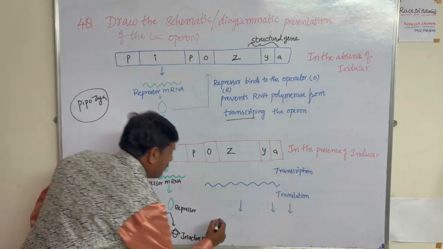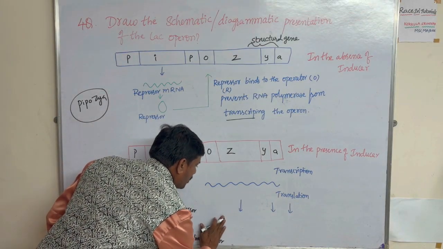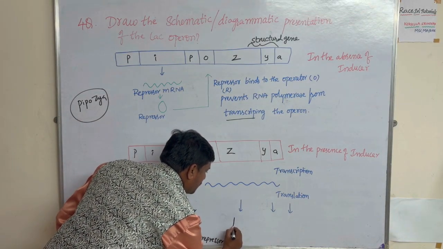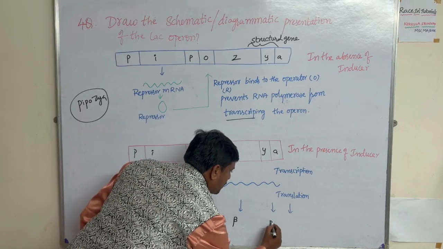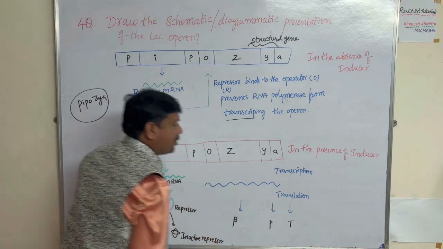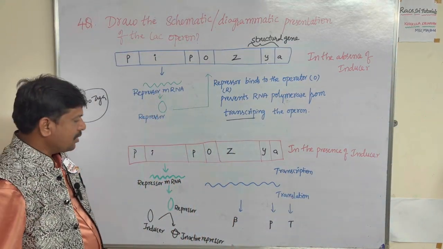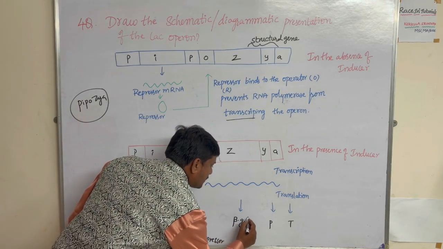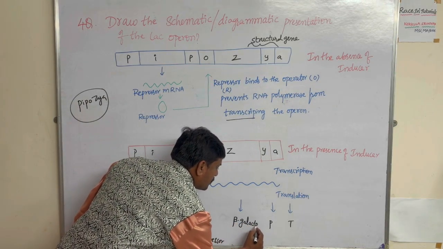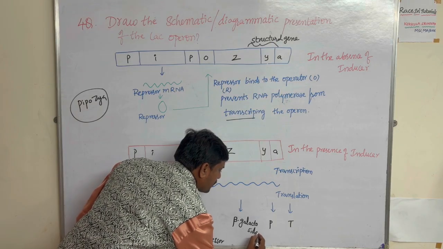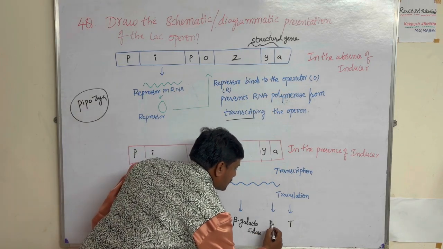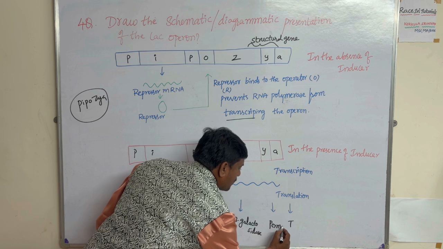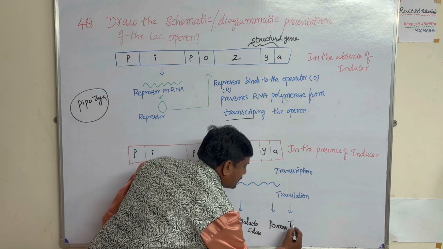How, sir? You use the mnemonic BP tablet. What, sir? Beta-galactosidase, permease, transacetylase.